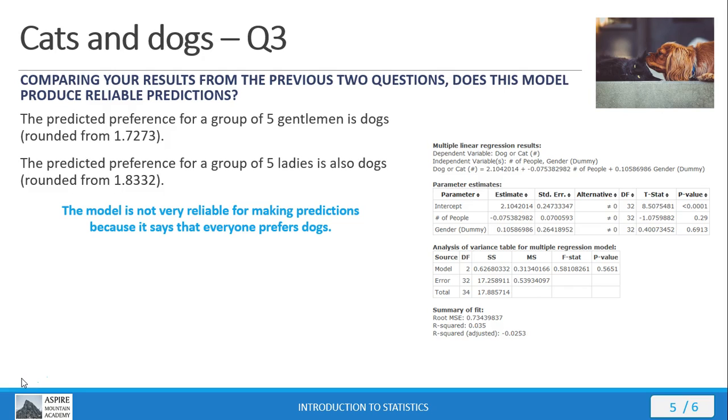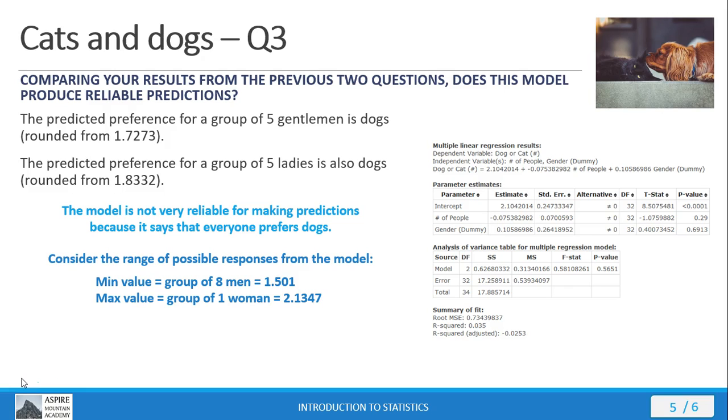And that's typically not the case. We should see some variation there. I'm actually surprised. I mean, listen, I've known a lot of lady dog lovers in my life, but I've also known far more lady cat lovers in my life. So the fact that this model is just telling you the same thing, no matter what you put into it, kind of makes it suspect.